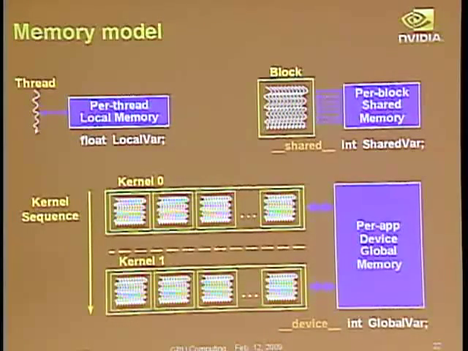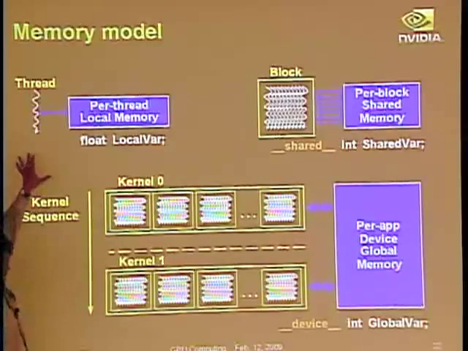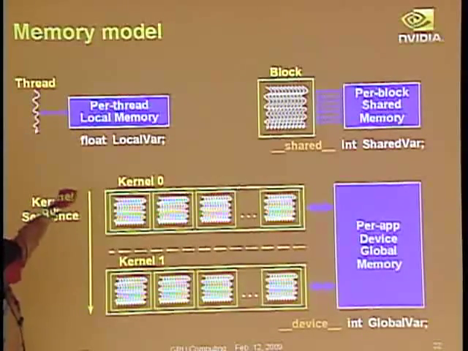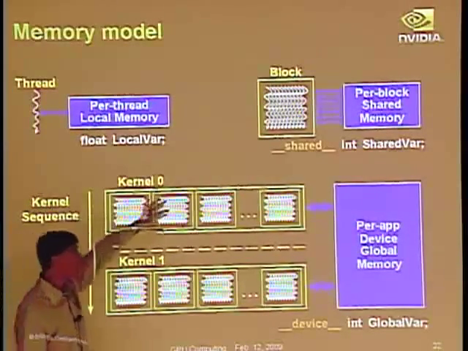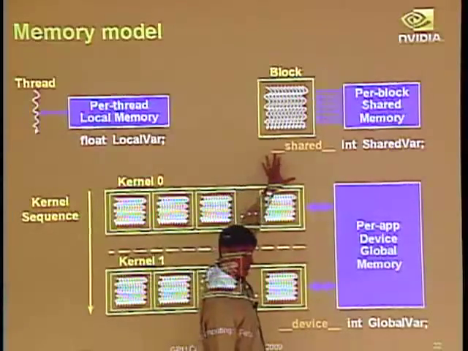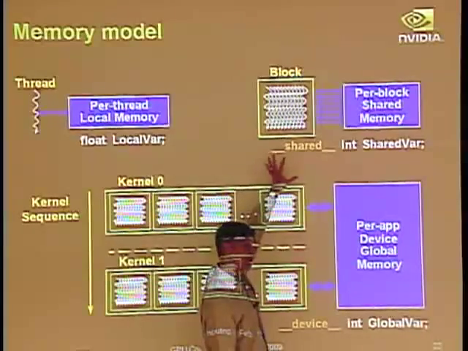So if you look at the memory model, the things that changed in the GPU: the GPU already had threads, registers per thread and per thread local memory. The thing which was new for computing was the notion of a thread block. This is a collection of threads that are guaranteed to run concurrently.